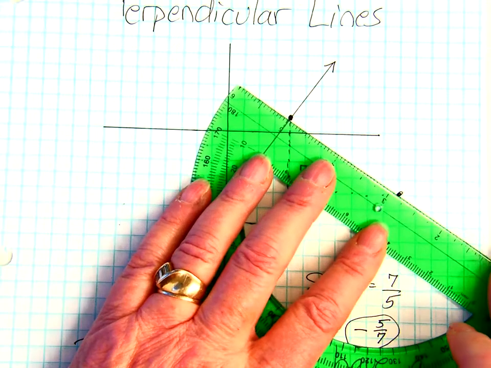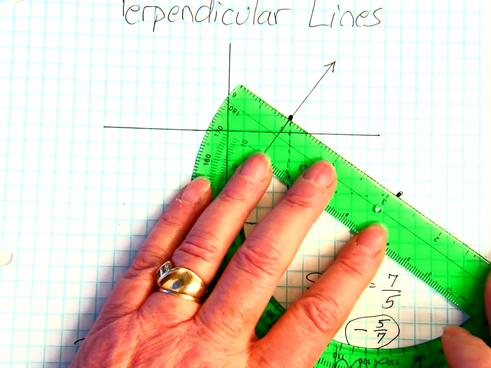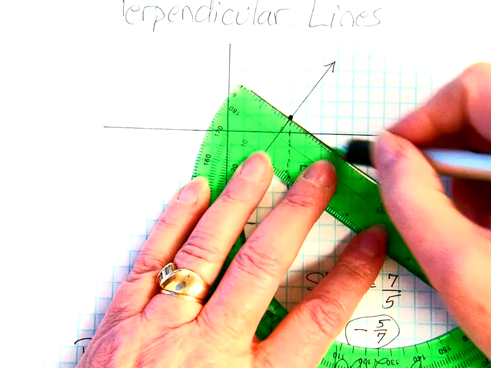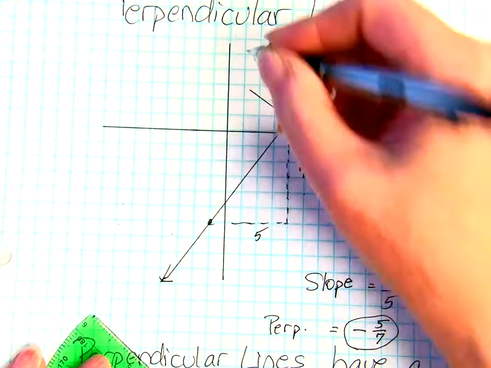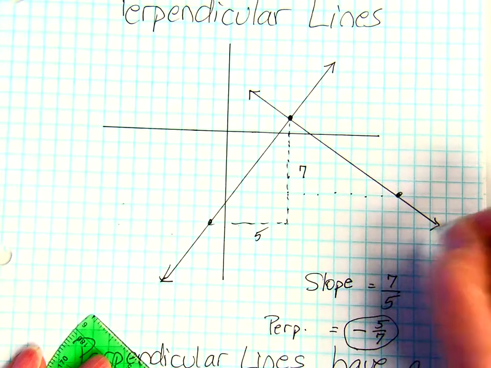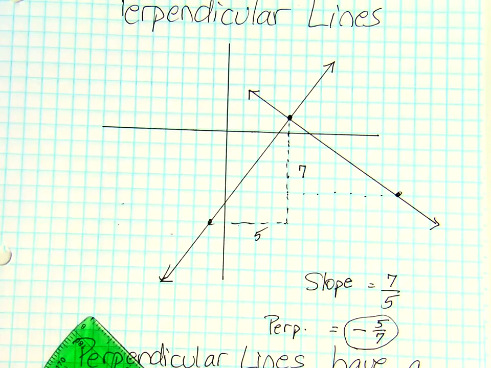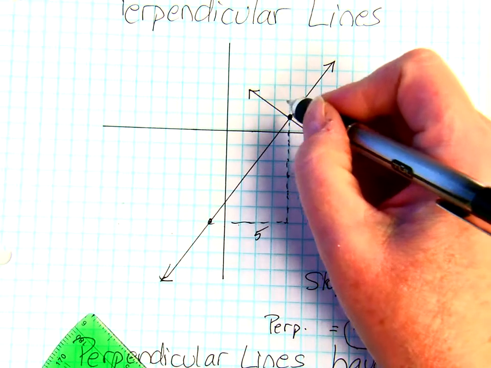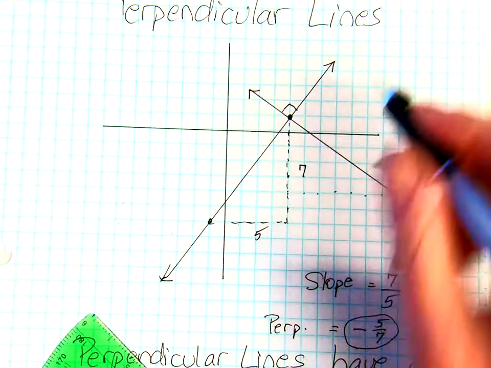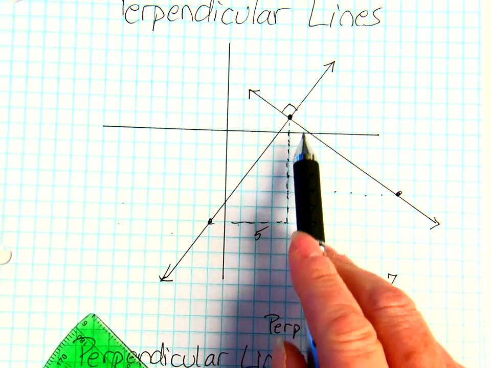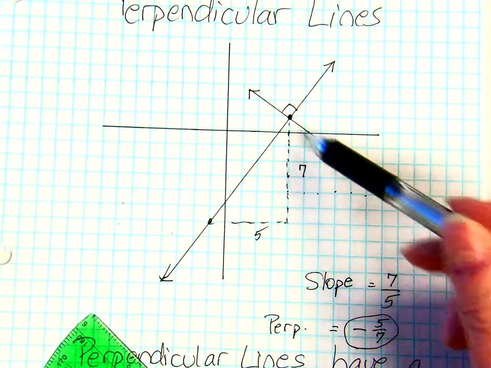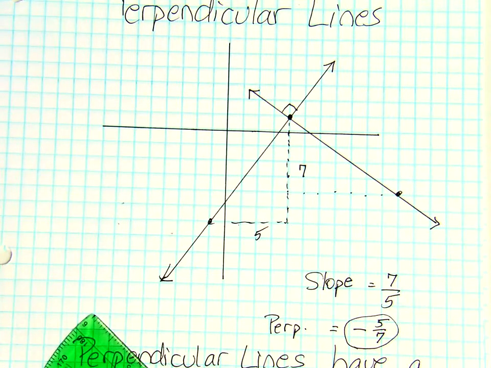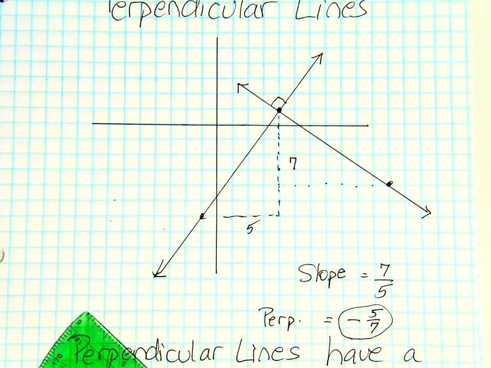And when I put my ruler up there, I see that I now have a 90-degree angle, and I have created the perpendicular line to my original line.